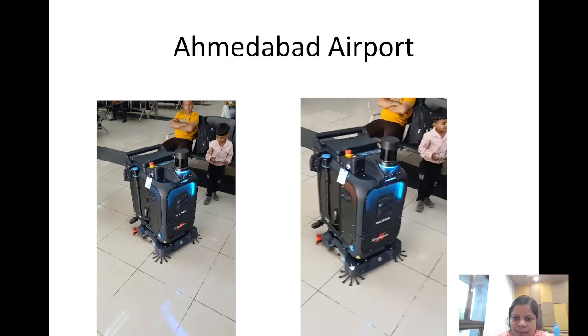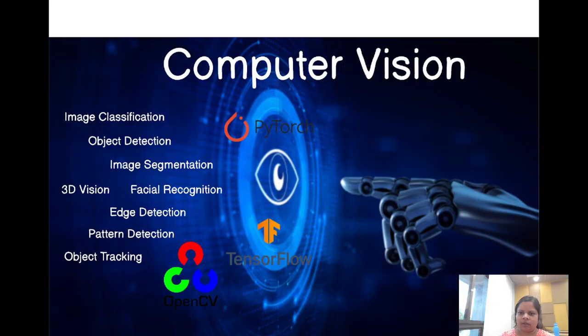It has a couple of RealSense cameras over here, which help it in knowing that someone is here and it should stop or take a turn. So here also computer vision comes into play, which senses that there is a person over here and it should not collide with that person. So that is why I wanted to show this video.